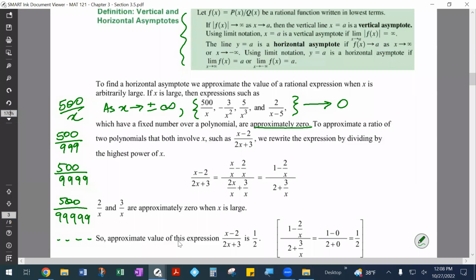But then when you have something like this expression here, x minus 2 over 2x minus 3, now this guy has x on both the numerator and denominator, right? So this is going to behave a little bit differently. So for these kinds of expressions, what we do is start dividing by the highest power of our x, which in this case is x to the first power, because that's the same thing I have in my numerator and denominator.